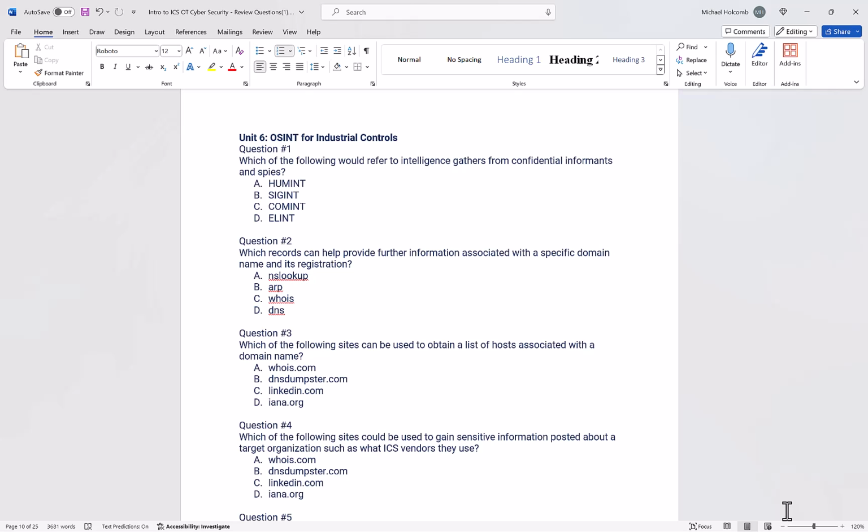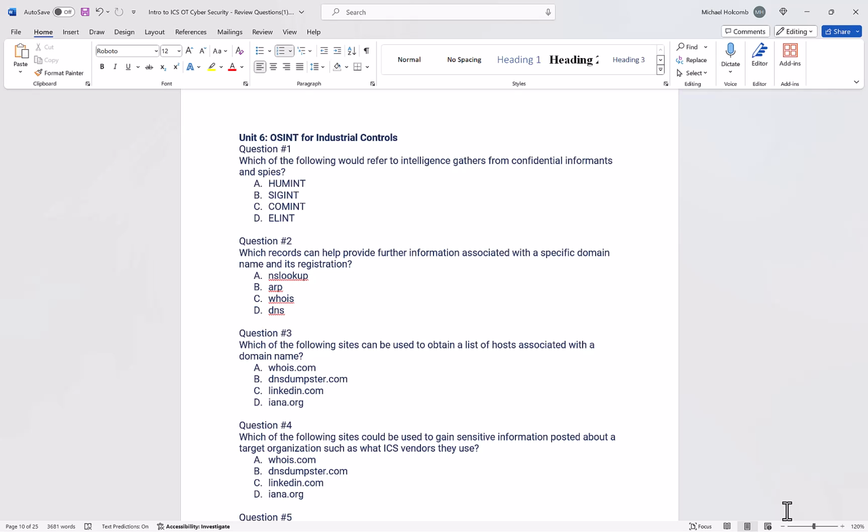So question number 4, which of the following sites could be used to gain sensitive information posted about a target organization, such as what ICS vendors they use? And this is the one where we talked about a couple of examples in the course, but it's LinkedIn.